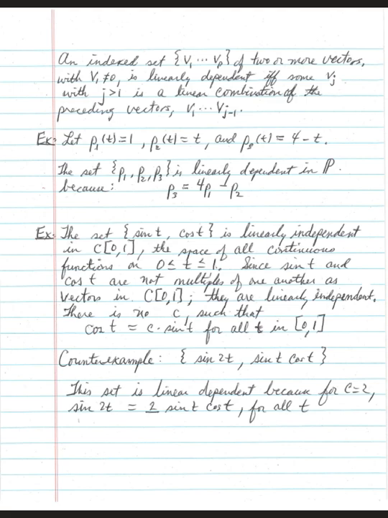Let p sub 1 of t equal 1, p sub 2 of t equal t, and p sub 3 of t equal 4 minus t. This is not a linearly independent set. In fact, the set p1 through p3 is linearly dependent in the set of polynomials, because the third polynomial can be written as a combination of the first two.